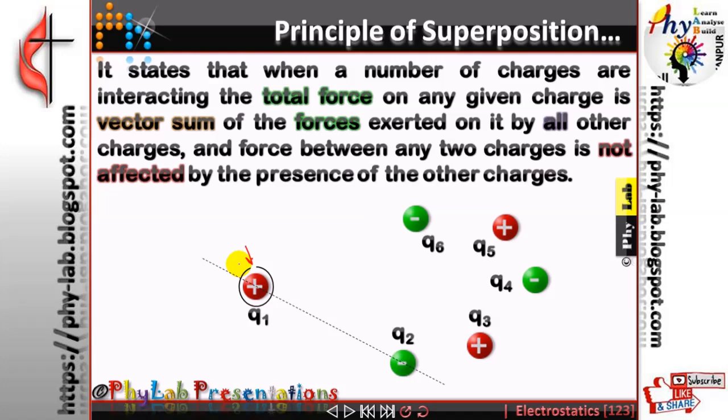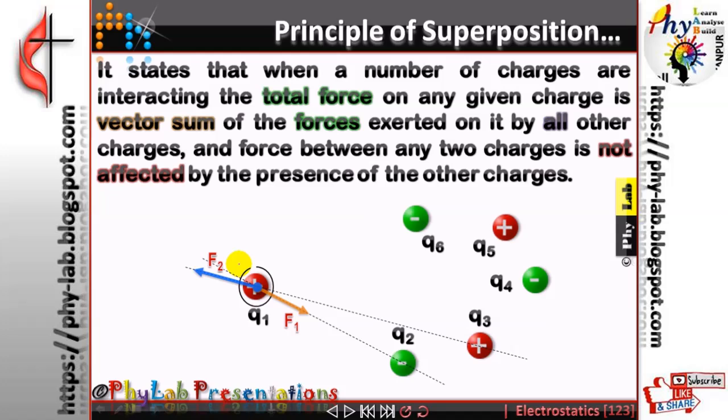And what type of charges are we dealing with, Q1 and Q2? They happen to be unlike charges. So Q2 will pull Q1 towards itself, and the force that Q2 applies on Q1, I am labeling as F1. Similarly, due to Q3, once again I join the centers of the two charges, and again just see what nature of charges they are. They are like natured, so Q3 will push Q1 away, and this pushing force is going to act along the line joining the two charges, and let me call that F2.